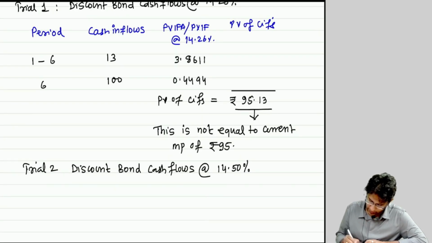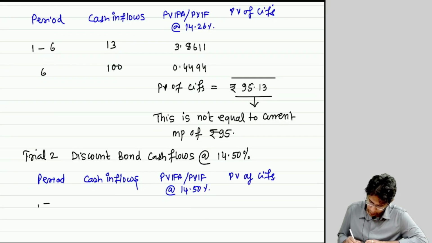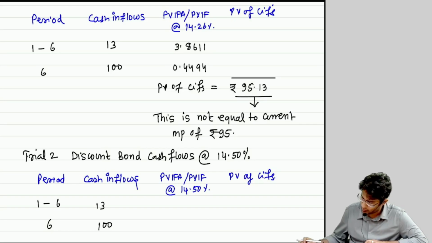If you try with 14.5%, how much is this? 1 divided by 1.1450, 0.4438.